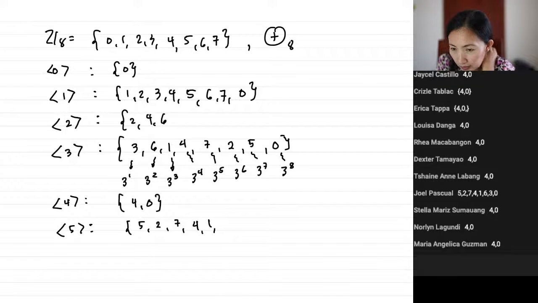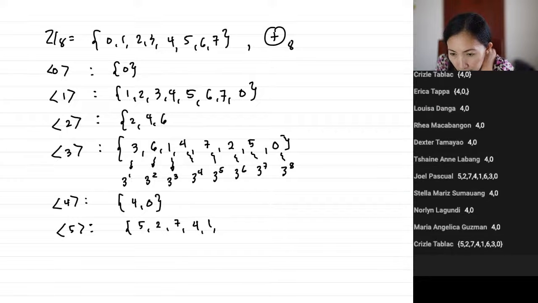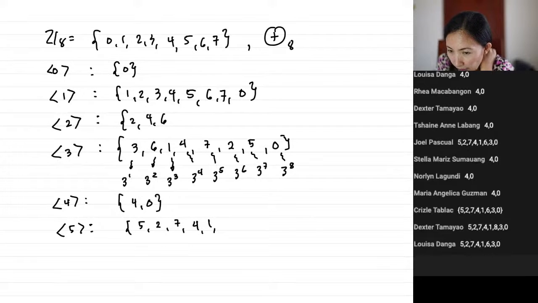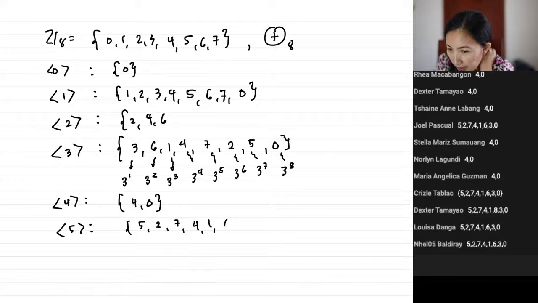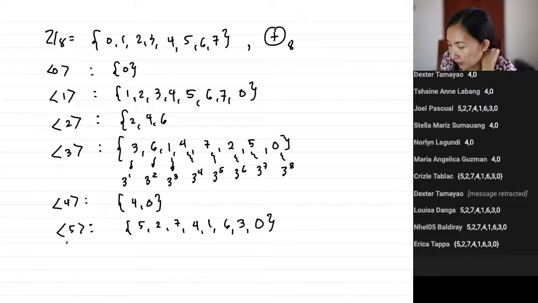Correct? Okay, and then we have 30 is 6, and then 32 is 3, and then 40 is 0. Okay, that's it.